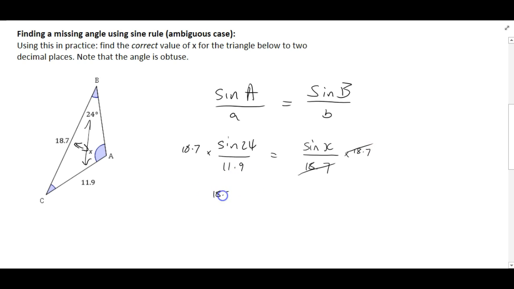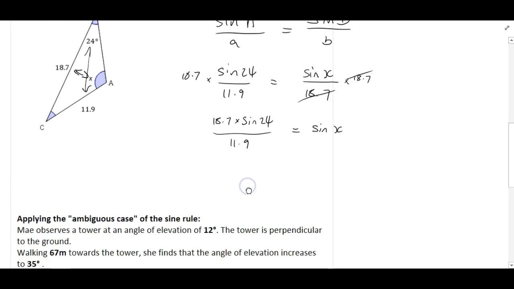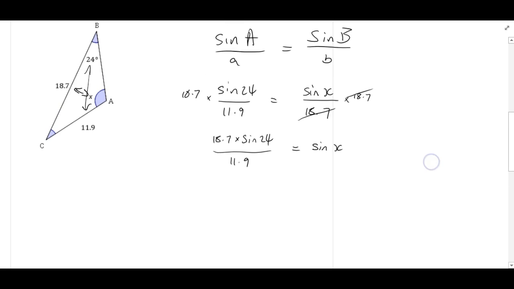So you'll have 18.7 times sine 24 over 11.9 is equal to sine X. We're almost there. What do we need to do last so we have X as the subject of the formula? Inverse of it. Yeah, so we do the inverse of everything on the left here. So inverse sine of 18.7 sine 24 over 11.9 equals X.